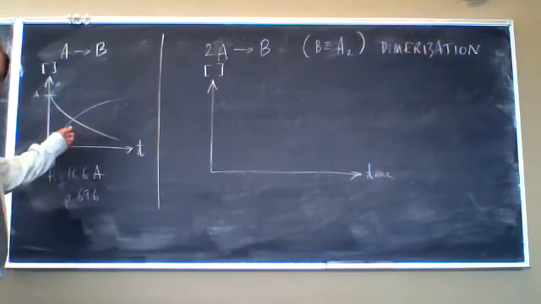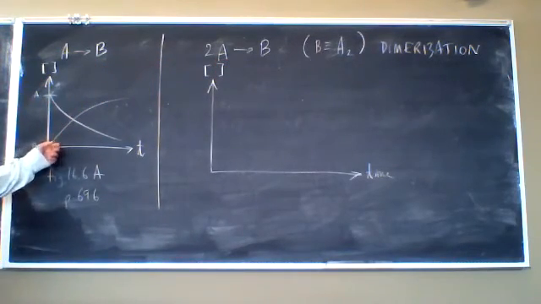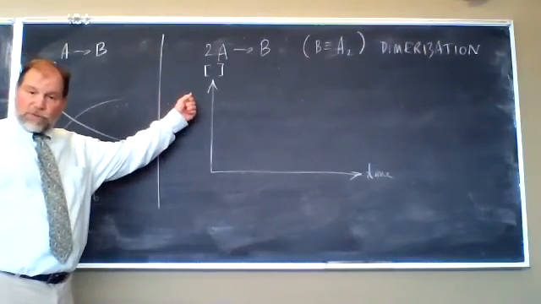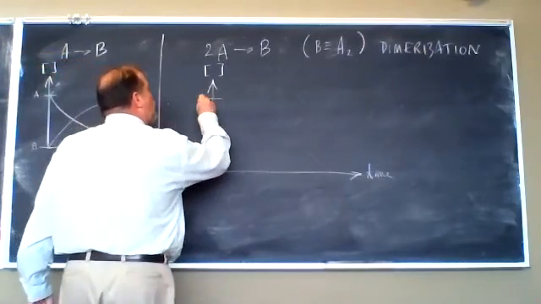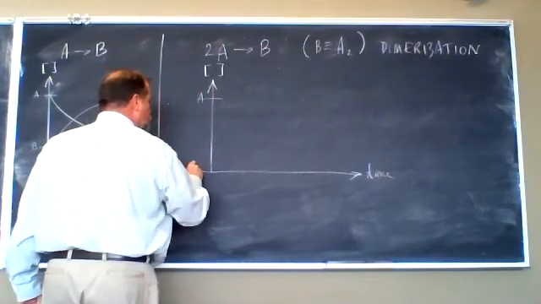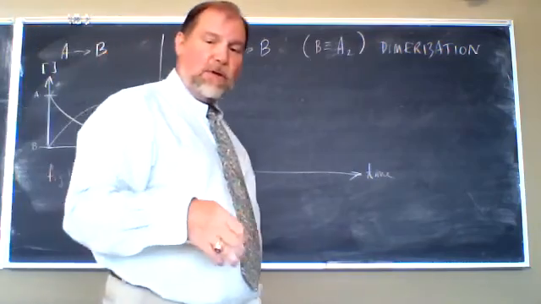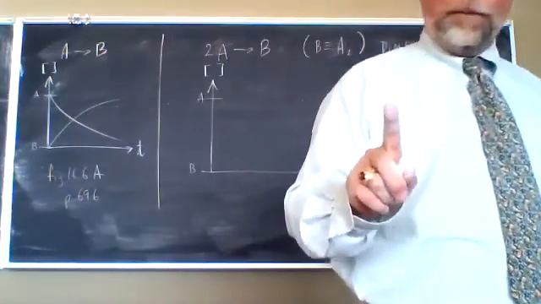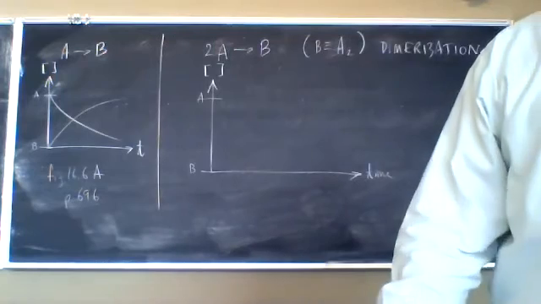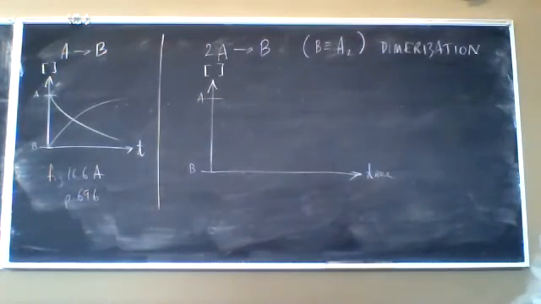We can do the same sort of plot that we just did for isomerization. We can do this for dimerization. We start off with A, no B until we start to produce it. And so two A's are going to combine together to make one B, which means that A disappears twice as fast as B is made.